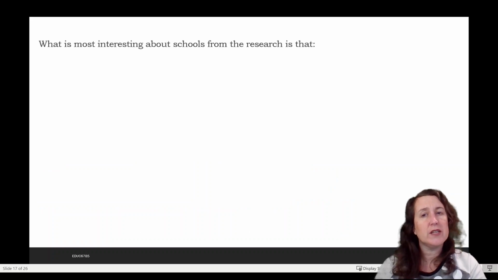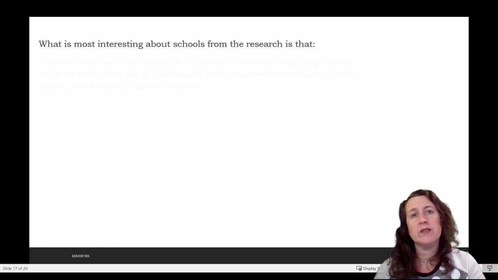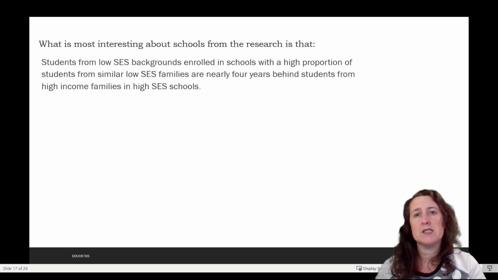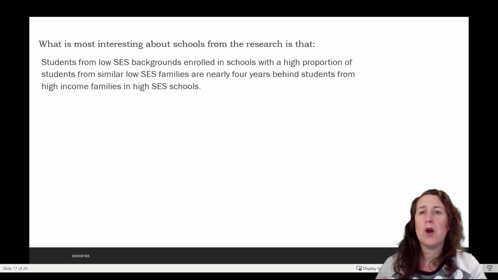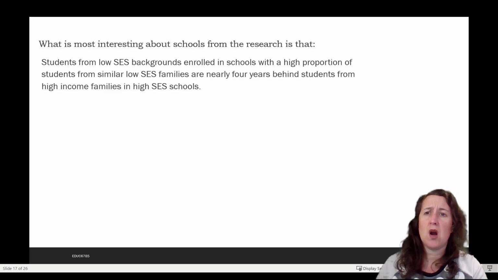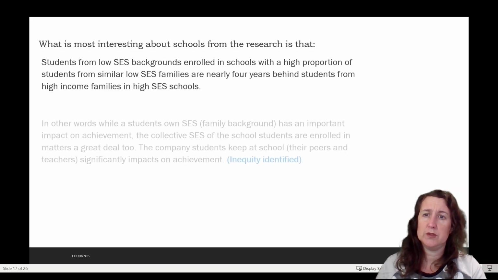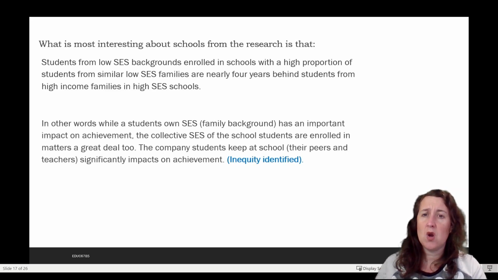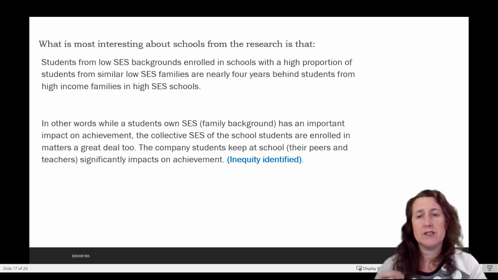So what's interesting about this research is that students from low SES backgrounds enrolled in schools with a high proportion of students from similarly low SES backgrounds are nearly 4 years behind students from high-income families in high-income schools. In other words, while a student's own family background has an important impact on achievement, the collective socioeconomic status of the school students that they're enrolled with matters a great deal too.